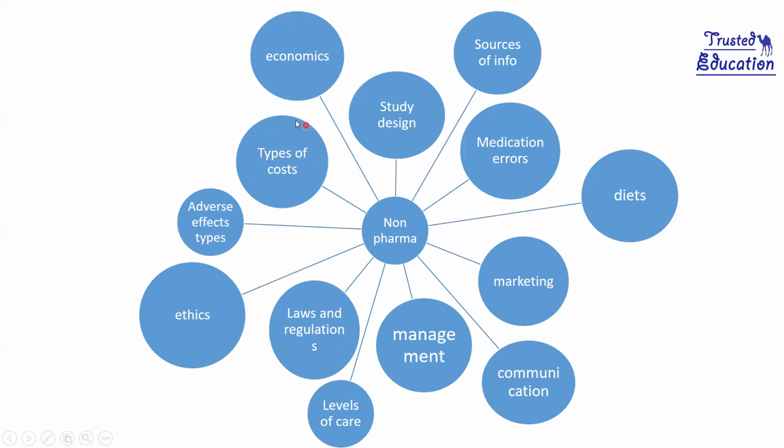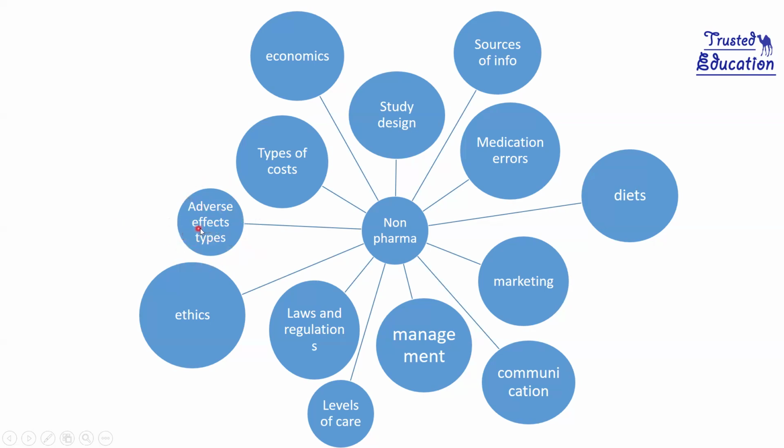All of this is made to ensure the quality of service that is provided to the patient and to feel sympathy and empathy for the patient. Okay, we have also adverse effects types, which is seen as a pharma topic, but I prefer to study it with the non-pharma topic.